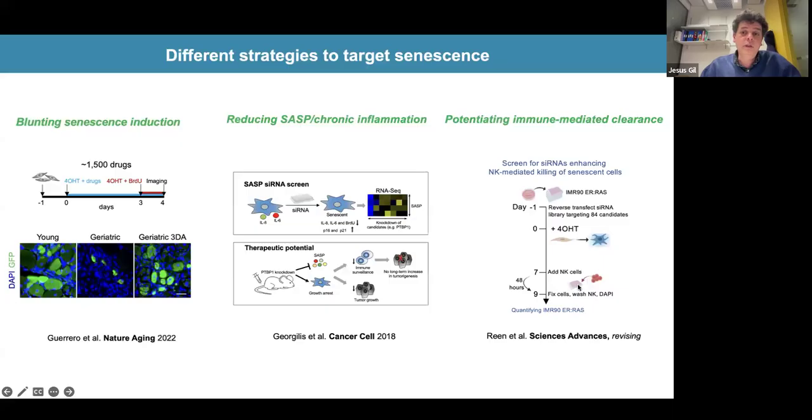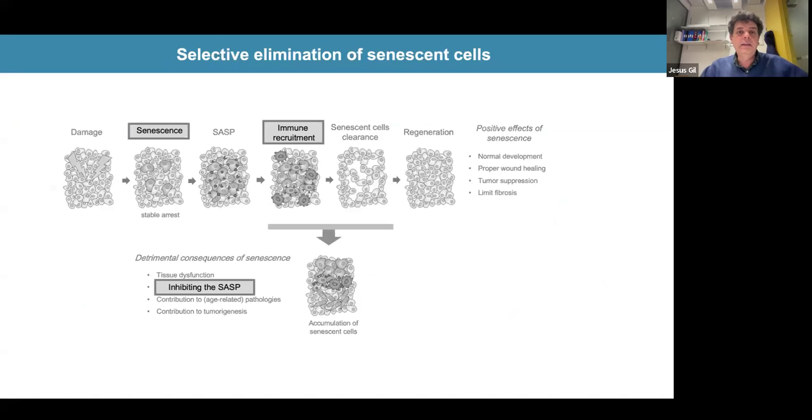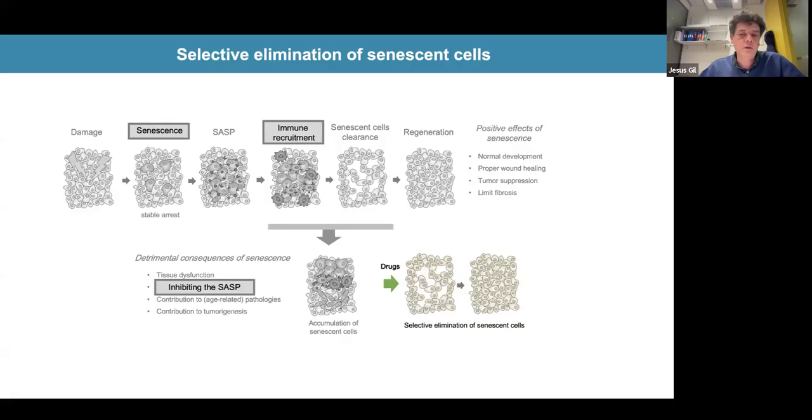And these ways will eliminate senescent cells and eliminate some of the potentially negative effects that accumulation of senescent cells has. I didn't talk much about this, but these are three ways in which we can target senescence. But without any doubt, the most popular way, the one that has been explored by many, that is being tried in clinical trials, and that both pharma and startups are looking at, is not any of those, but what we call senolytics.